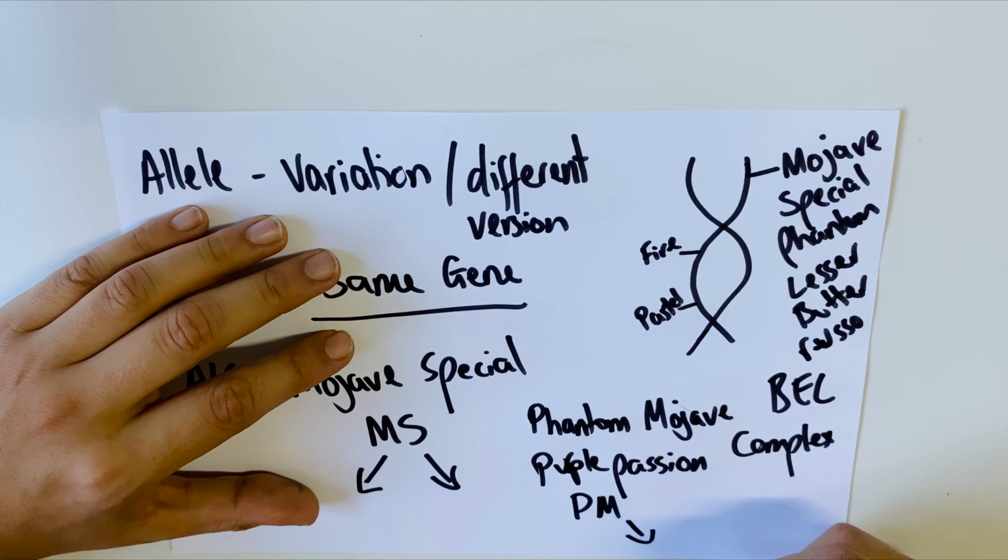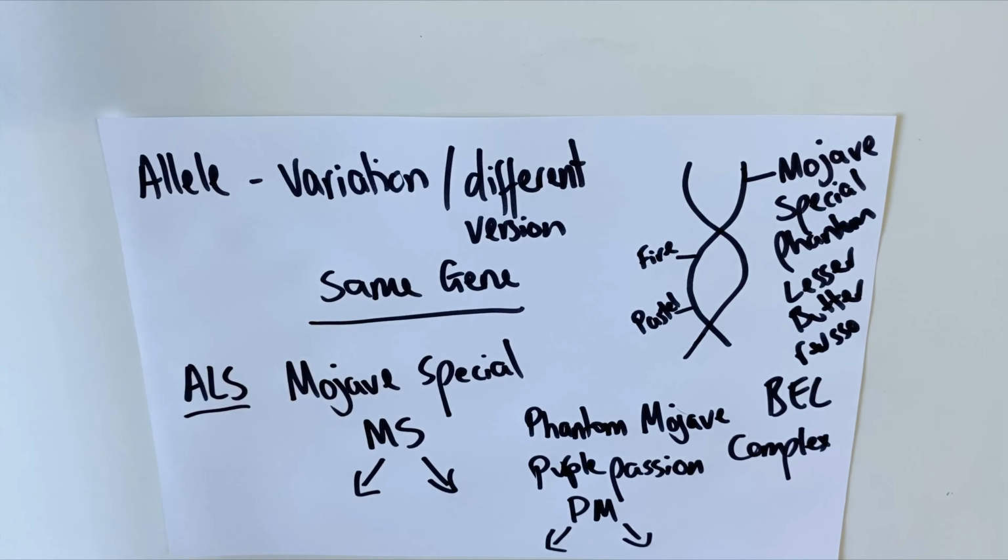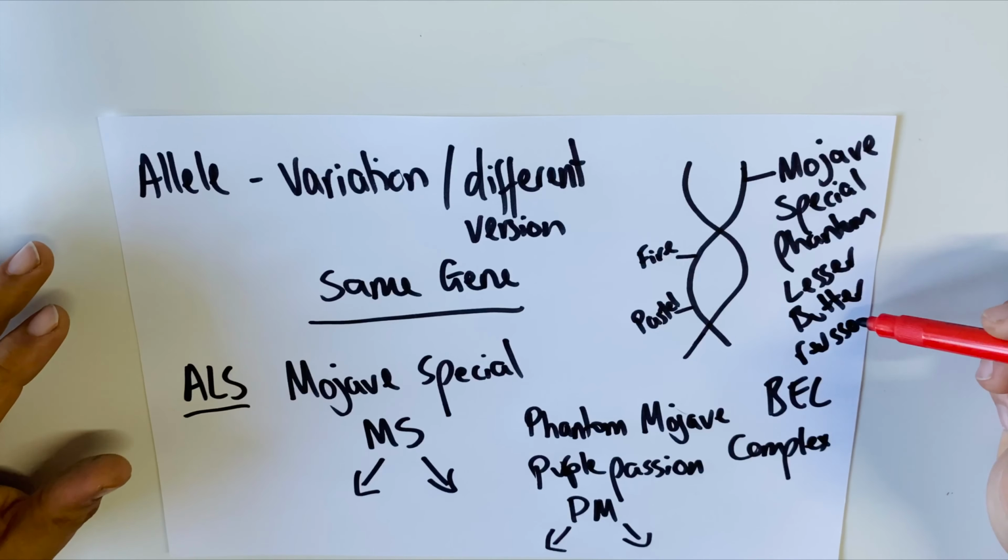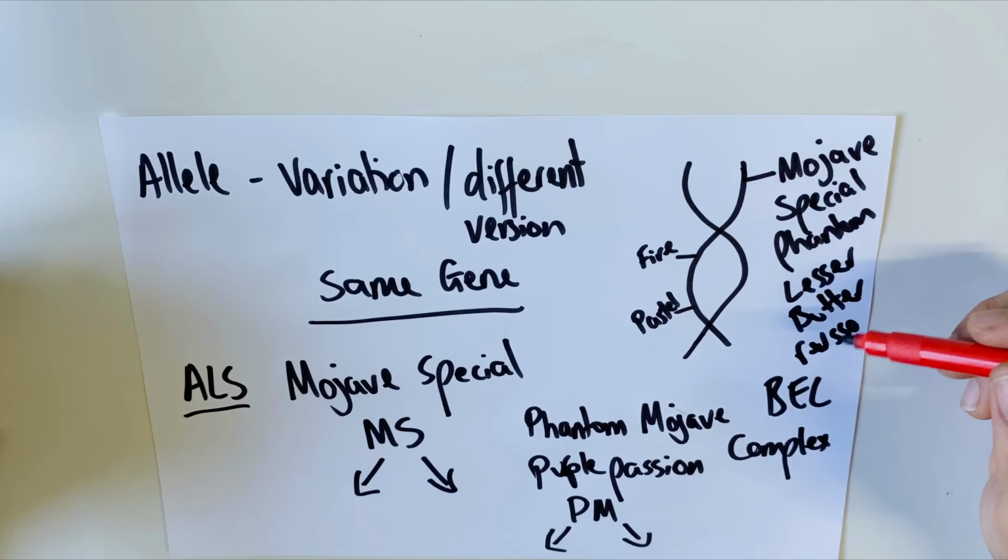It could pass on the Mojave gene or it could pass on the phantom gene. So on average, half of its offspring will be phantom and half will be Mojave. That's also true of the blue-eyed leucistic animals, which could be Mojave lesser, lesser butter, super lesser, etc.